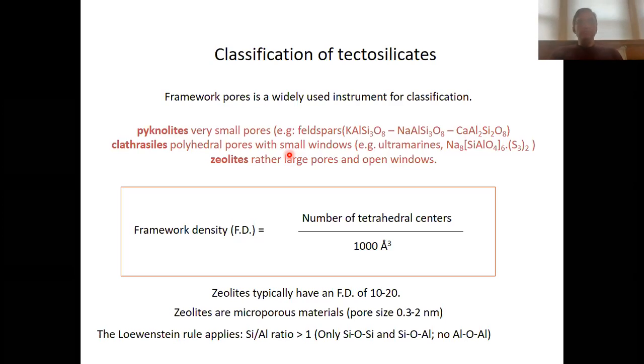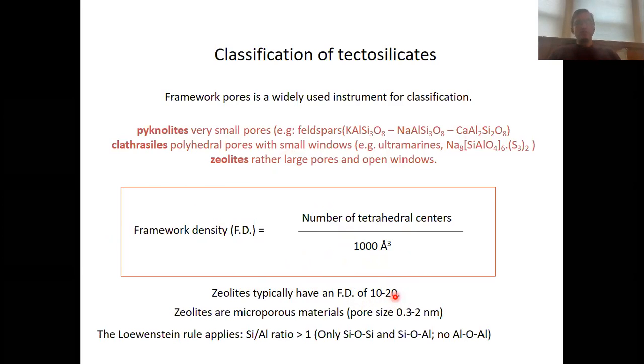So we can recognize a zeolite through a parameter which is called the framework density, which measures the number of tetrahedral centers. That's basically the number of silicon atoms per 1,000 cubic angstroms.